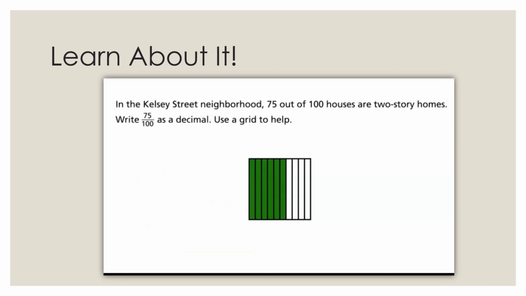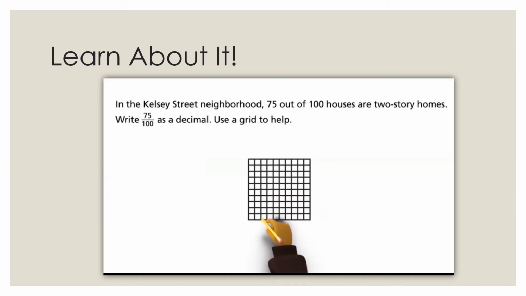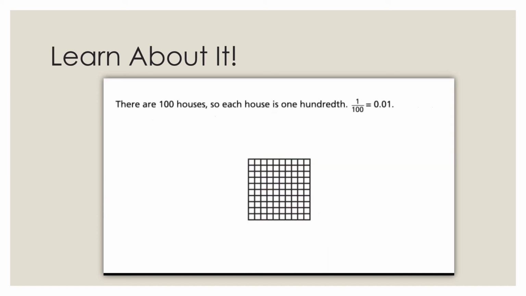In the Kelsey Street neighborhood, 75 out of 100 houses are two-story homes. Write 75/100ths as a decimal. Use a grid to help. There are 100 houses, so each house is 1/100th. 1/100th equals 0.01.